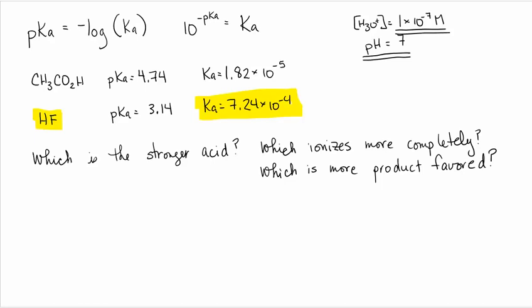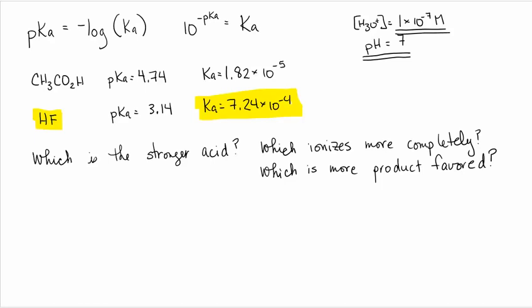HF wants to get rid of its proton more than acetic acid wants to. HF is going to get rid of its proton more easily than acetic acid will. And so that's how you can think of acetic acid being a weaker acid because it wants to hold on to its proton more than HF.